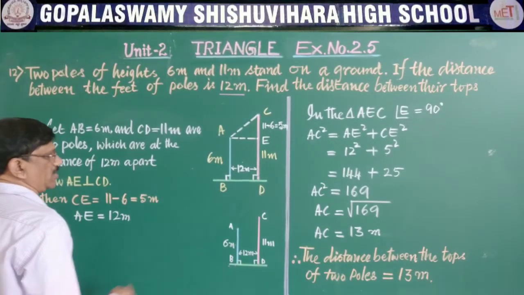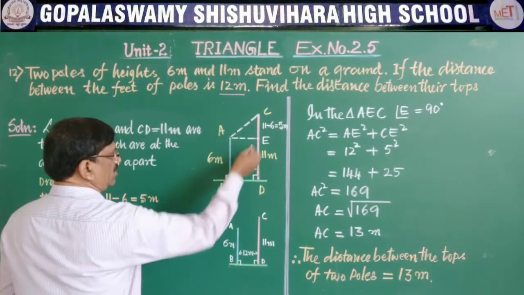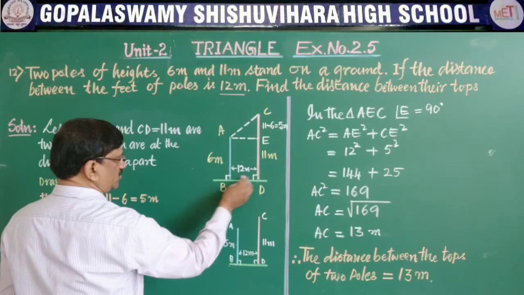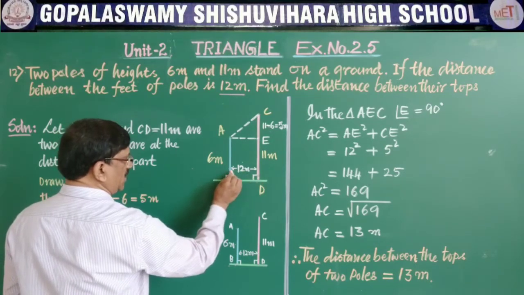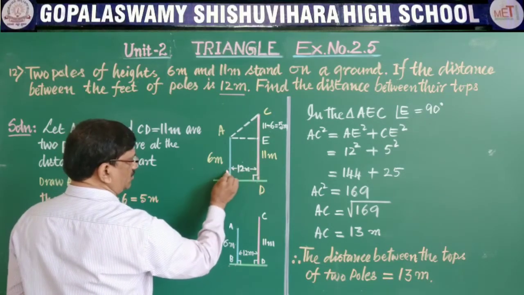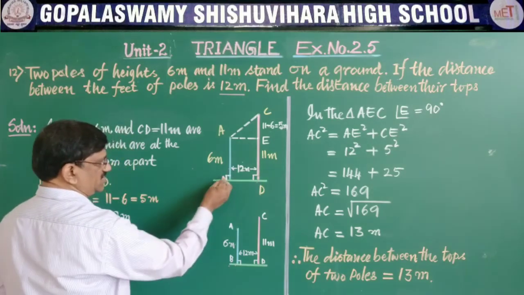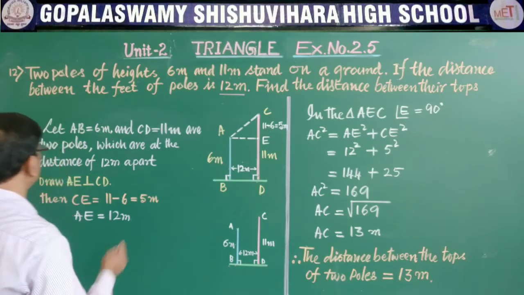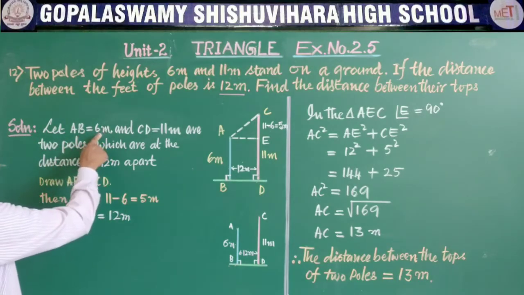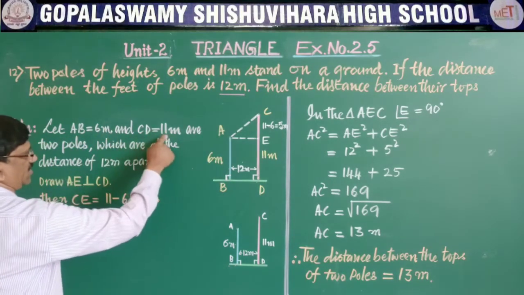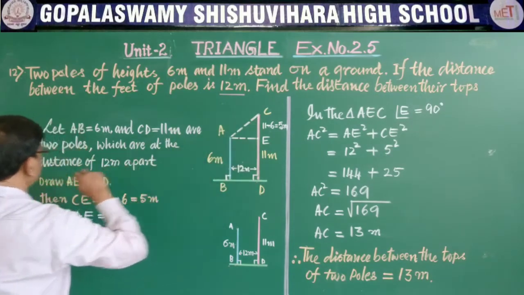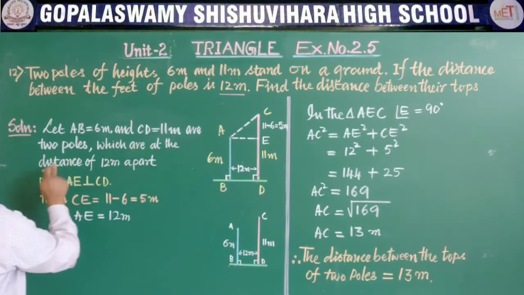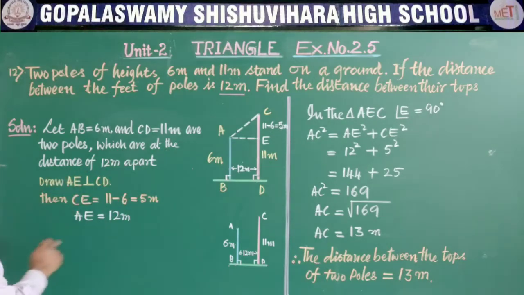Next, you see, AB and CD are the two poles on the ground. They are perpendicular to the ground. Hence, they are parallel to each other because they form corresponding angles that are equal, isn't it? So, let AB be equal to 6 meters and CD be equal to 11 meters, two poles which are at a distance of 12 meters apart.